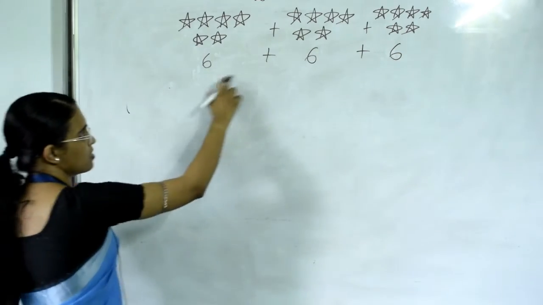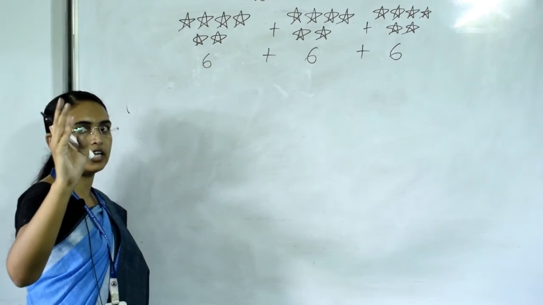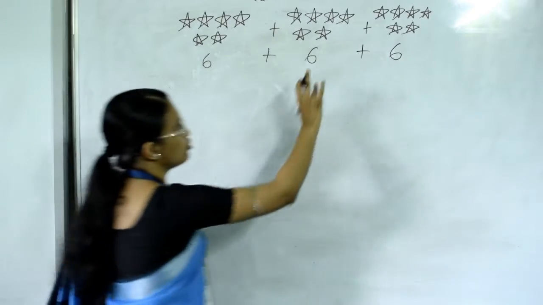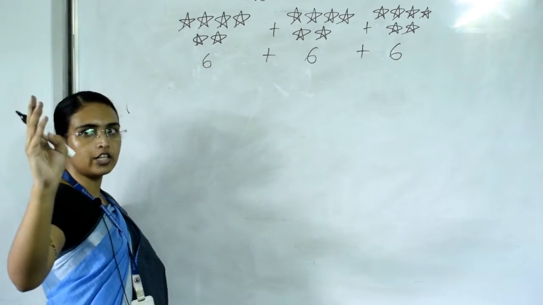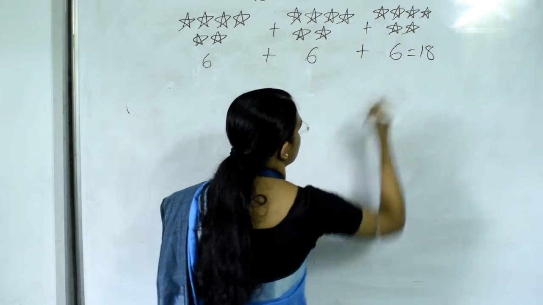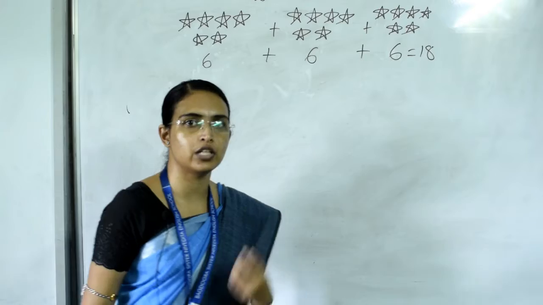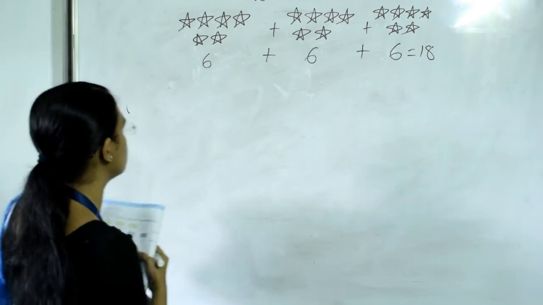So 6 plus 6 is 12, 12 plus 6, 13, 14, 15, 16, 17, 18. So altogether we have 18 stars. Okay, but this is a long process. Now we will use an easier method.